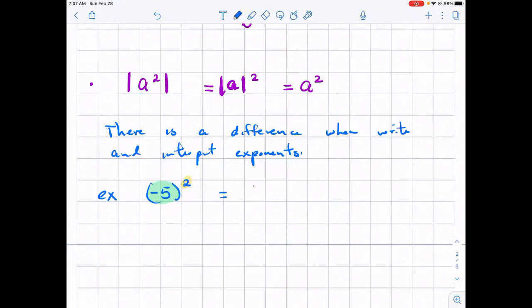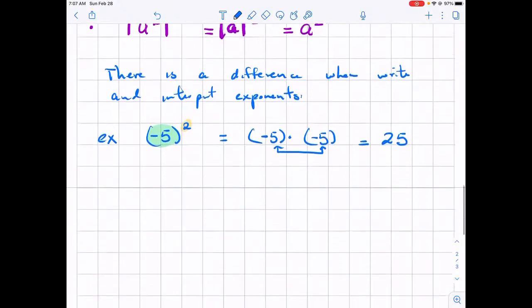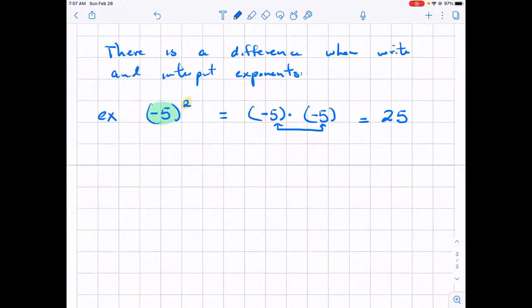The base here is the parentheses times the parentheses. And now you fill in what's in the parentheses, which is minus 5. So if you multiply minus 5 times minus 5, this is now equal to positive 25. Once again, the base is the parentheses because the parentheses is squared.